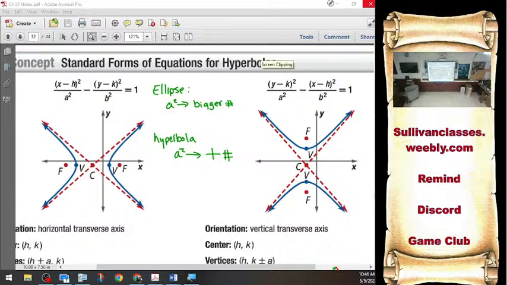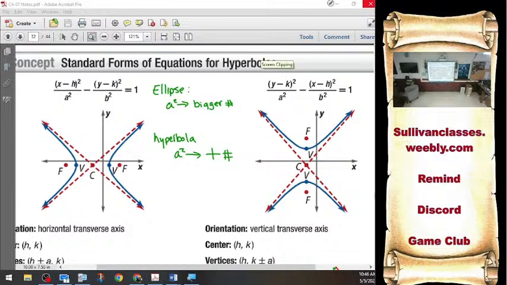After spending a couple of days on ellipses where you just pound it into your head that A squared is the big one, now I'm going to say, only with ellipses. A squared can be smaller than B squared. A squared is just the positive denominator. Okay? That's the big change.